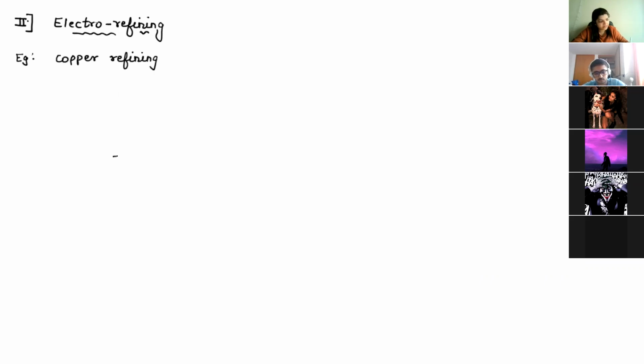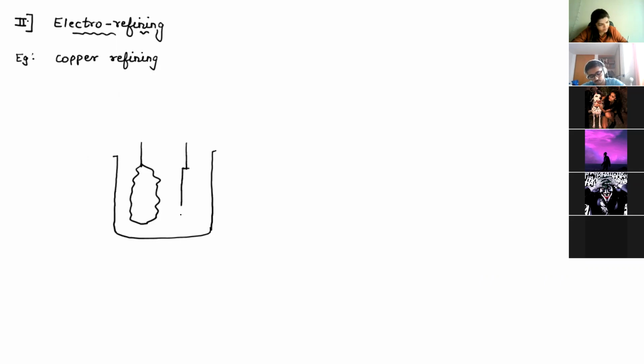So once again, we take the vessel, we take impure copper on one side and a pure copper metal strip on the other side, and electrolyte.